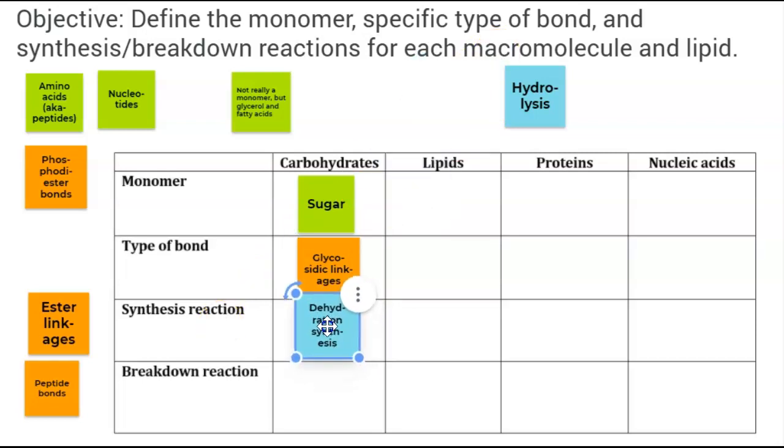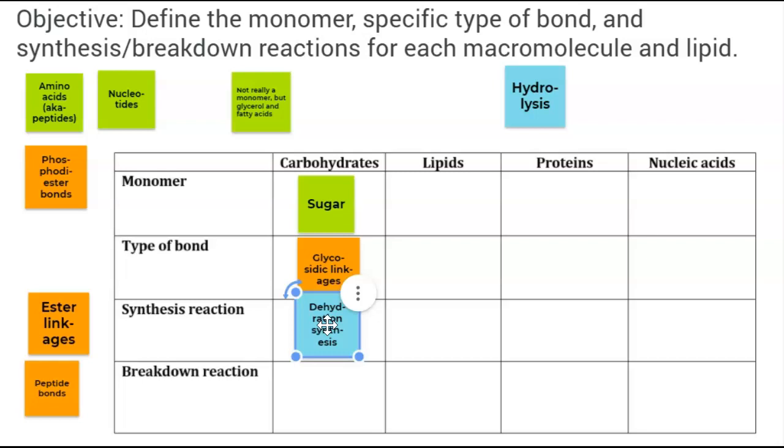So just based on that name, what do you think happens when a bond is created between two glucose molecules, or really any other molecule? If it's dehydration synthesis, what are we losing there? Right? So dehydration means we've lost a water molecule. And I'll show you what that looks like in just a second.